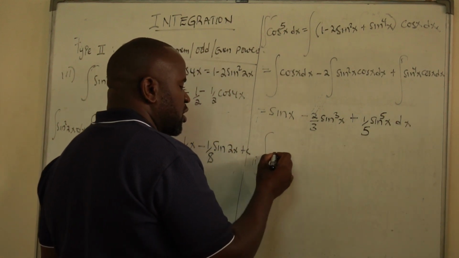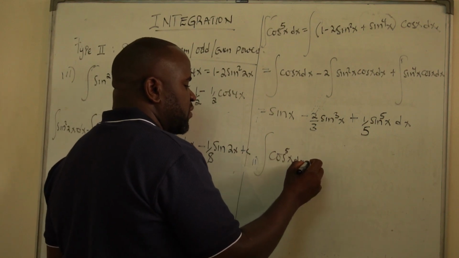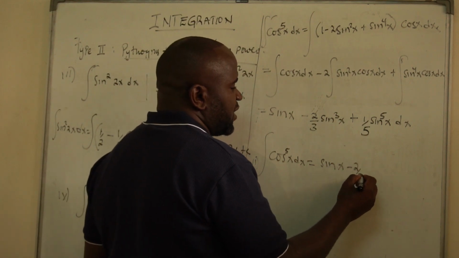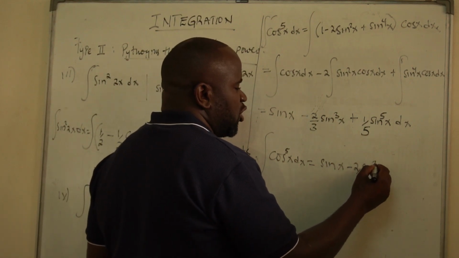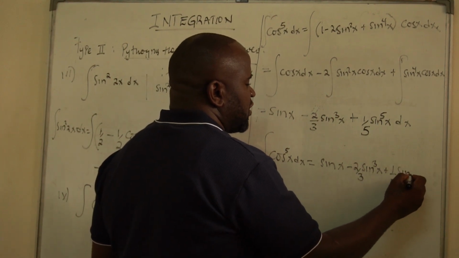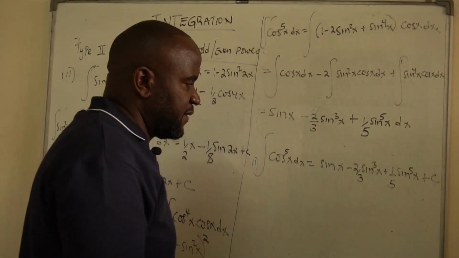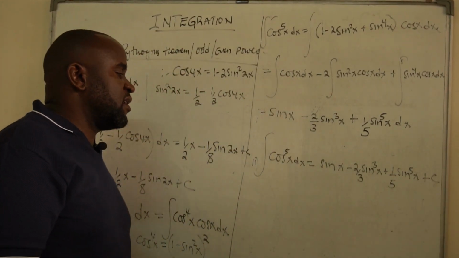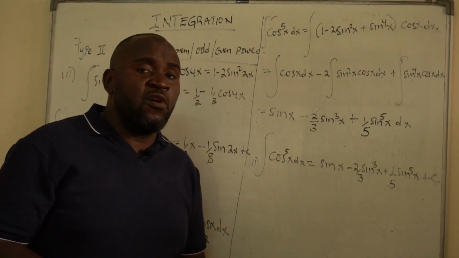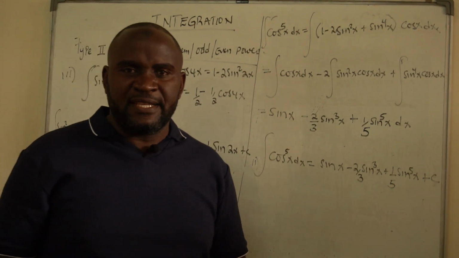So in conclusion, the integral of cos to the 5th of x with respect to x is sine of x minus 2 over 3 sine to the cube of x plus 1 over 5 sine to the 5th of x plus a constant. So with that, you'd have solved the problem of having an integral of cos to the 5th of x with respect to x.